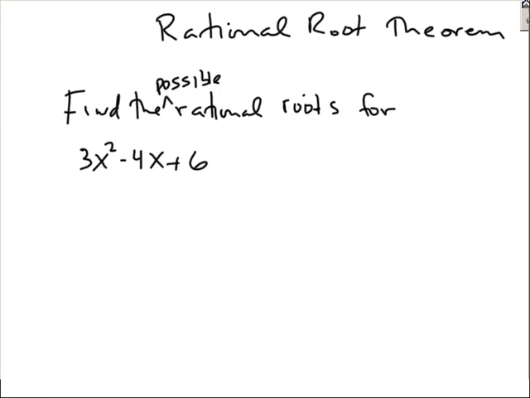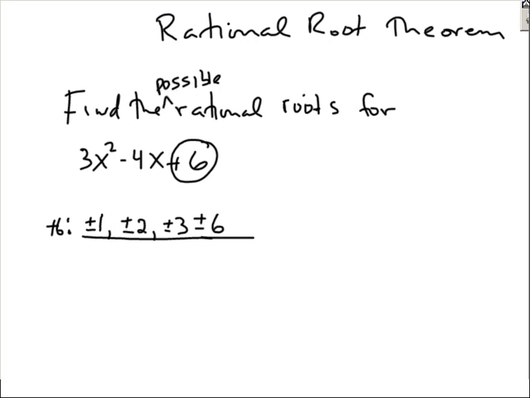And the way you do it is you find numbers that go into 6. The numbers that go into positive 6 are plus and minus 1, plus and minus 2, plus and minus 3, and plus and minus 6. They all go evenly into 6.